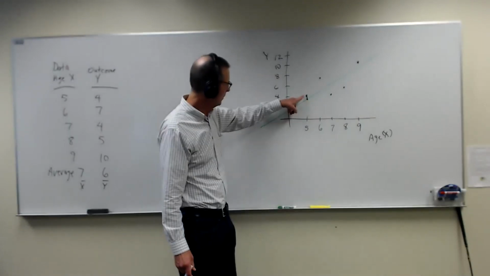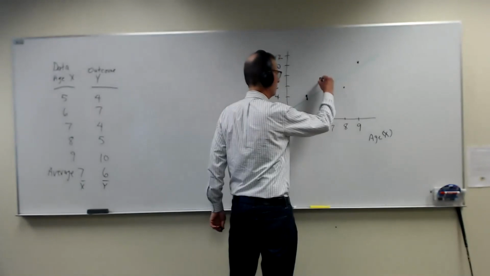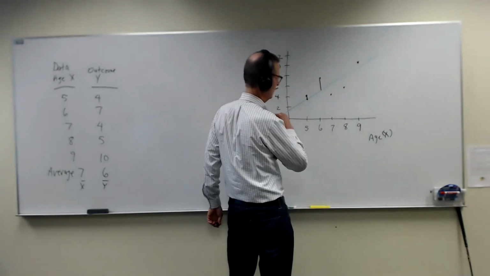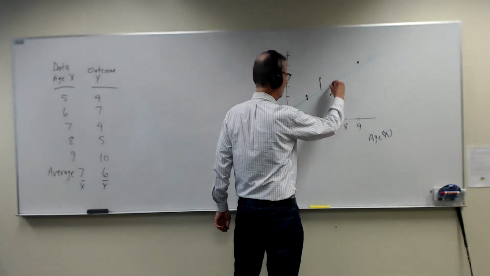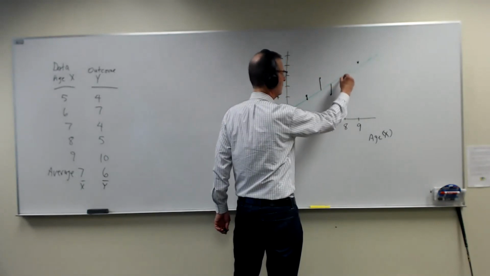It underpredicted a little bit, but not by very much. Age 6, the underprediction is a little bit more substantial. Age 7, it's overpredicting, right? We're predicting with the line up here, the observations down here.